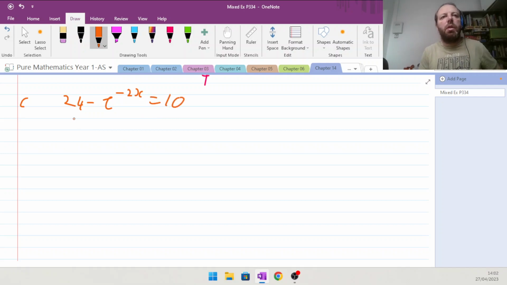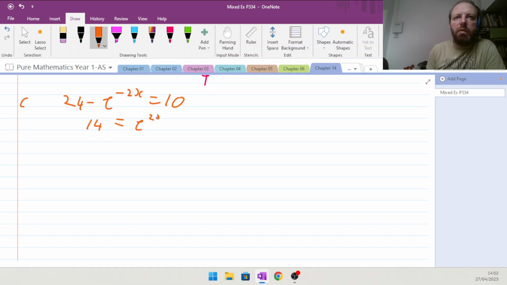Okay, so let's make that positive in terms of 24 minus 10 is 14, which is equal to e to the 2x. If I take the ln of both sides, I get ln 14 equals 2x. Okay, using the same idea as the previous question. So ln 14 divided by 2 is equal to x.